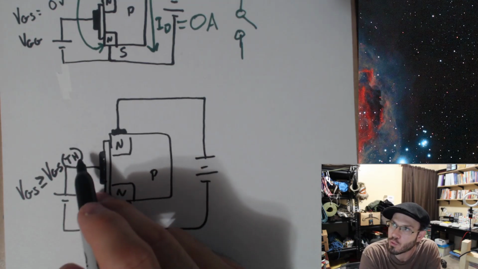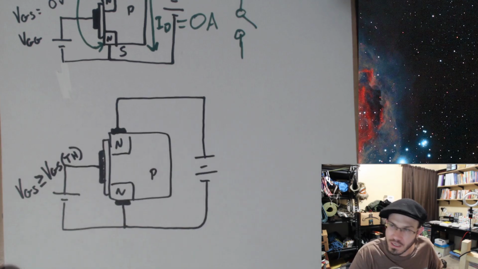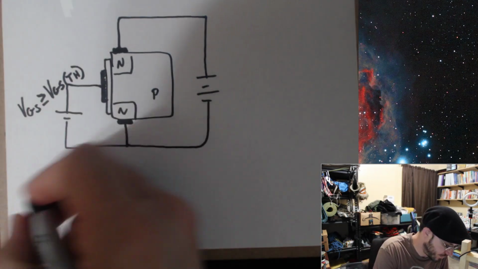This is known as the threshold gate source voltage. Let me write that down.